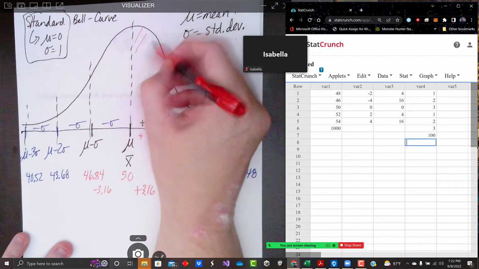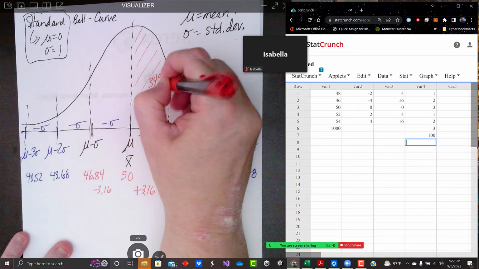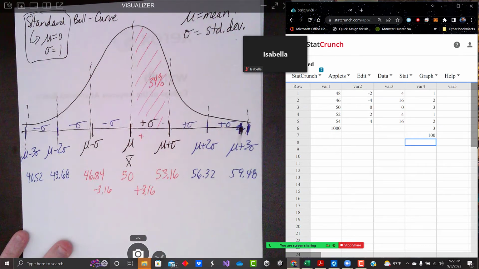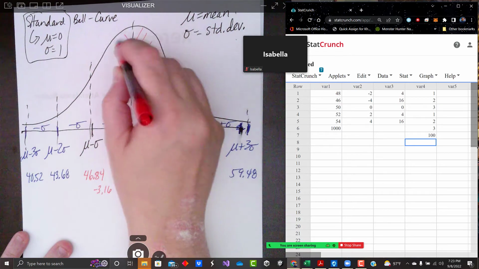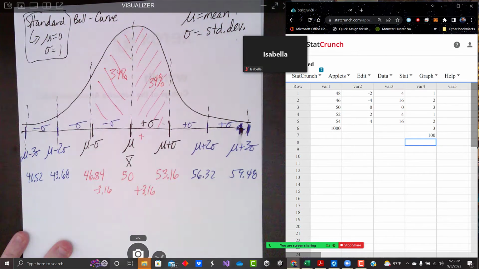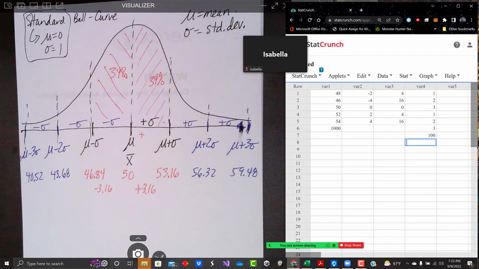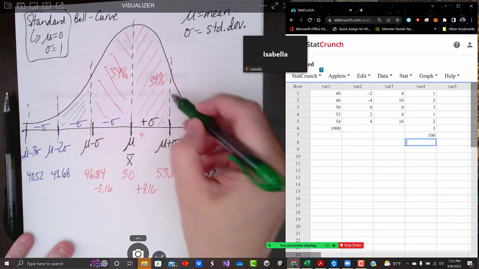This area right here is 34% of all the data values. And this is like a mirror image, so this side right here is also 34%. The next group over also looks the same.